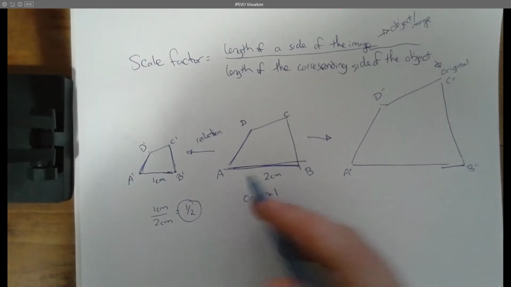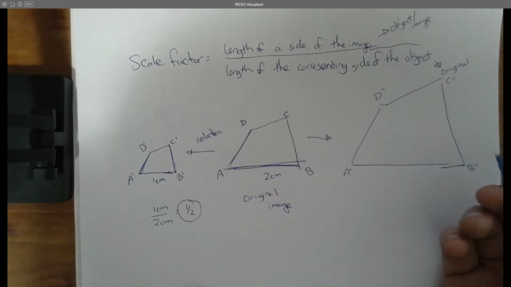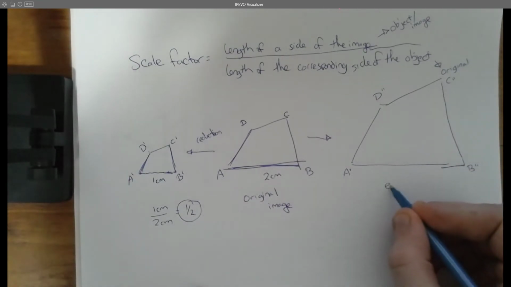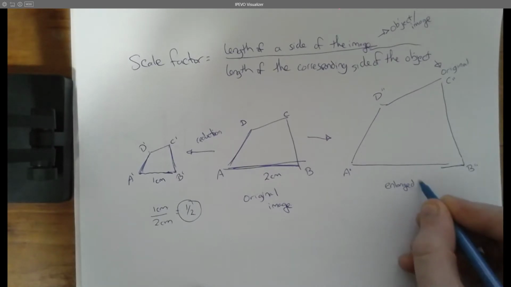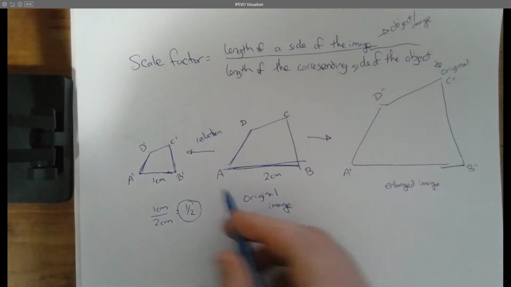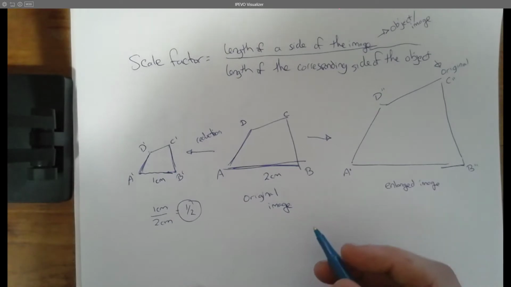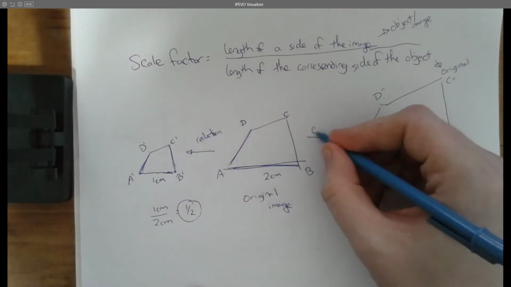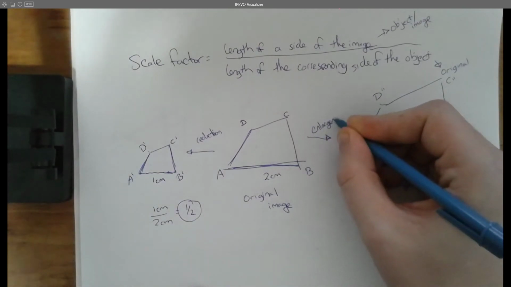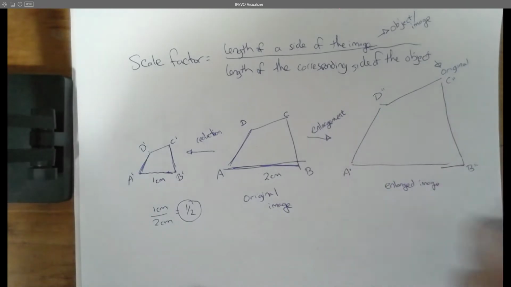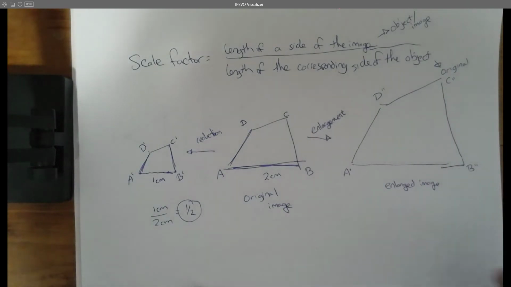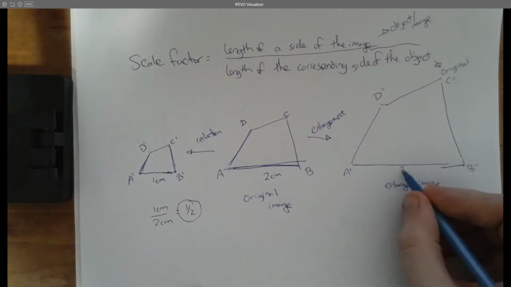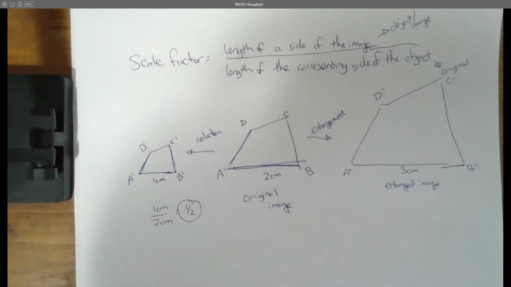When we go this way, you can tell, hopefully, that it is much larger. This is called our enlarged image, whereas this was our reduced image. And this one, going this way, we call this an enlargement. It's making it larger, enlarging the shape. And we're going to give a side length here of 3 centimeters.